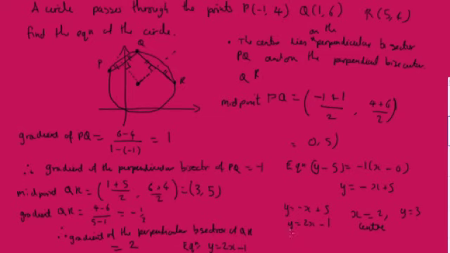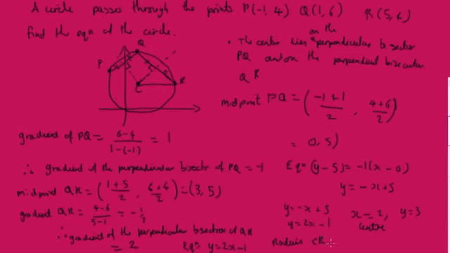And the radius, we'll put C here, and then we've got point R here, so this is the radius here.